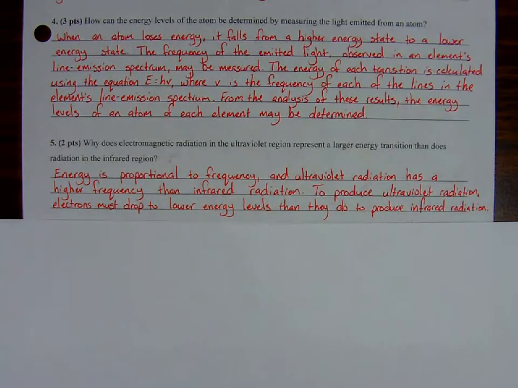So if there's a larger transition in terms of energy levels, that's going to correlate to a larger energy present in the photon. Remember, energy is proportional to frequency. That means you're going to have a larger frequency, which, you guys should know by now, is the case: ultraviolet radiation has a much higher frequency than infrared radiation.